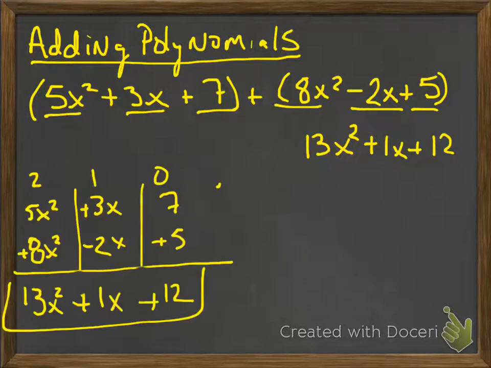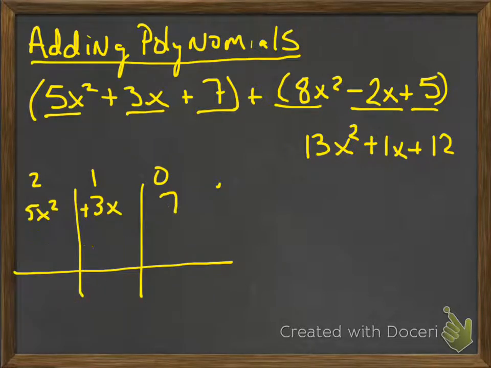Now, sometimes though I do get people that will mess up, and so what I do is I tell them to organize it like a spreadsheet. The highest exponent gets listed first. So I'm putting 2 for the exponent, those with the exponents of 2, then 1, then 0. That means no x. So from the first parentheses, I'll have 5x squared, positive 3x, and then positive 7.